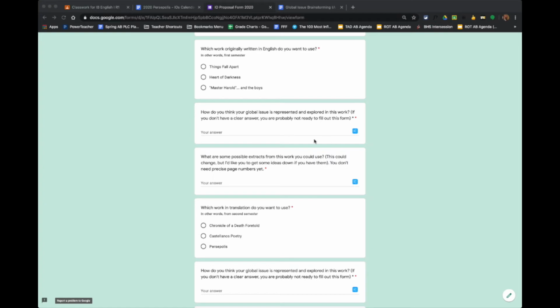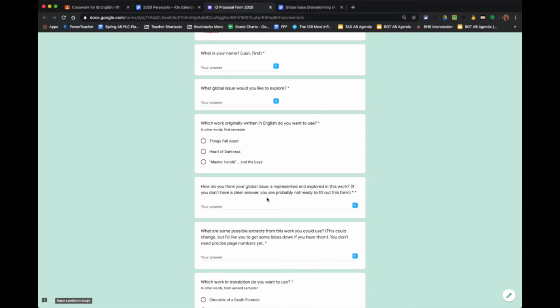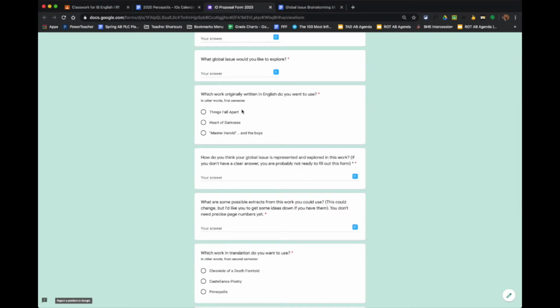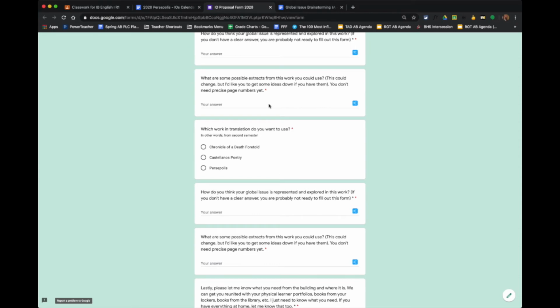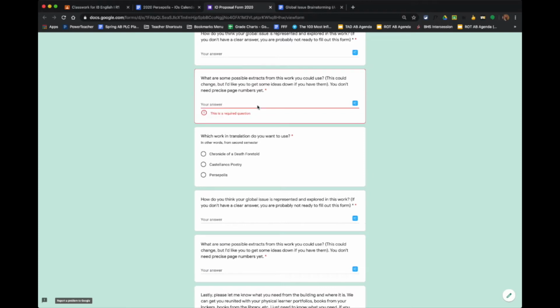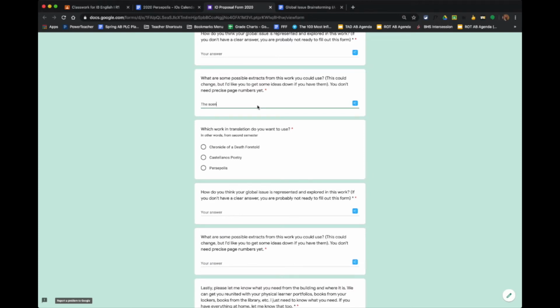An examination of how you believe your global issue, the one that you write here, is explored in the work that you chose here. What are some possible extracts? When you write this, it's not an exact quote. I'll put Márquez in here because I don't want you to be unspecific, but you don't have to be an exact copy or need to have a page number.